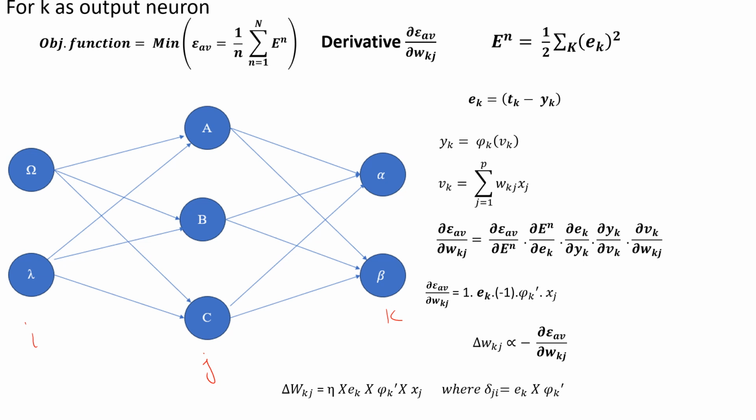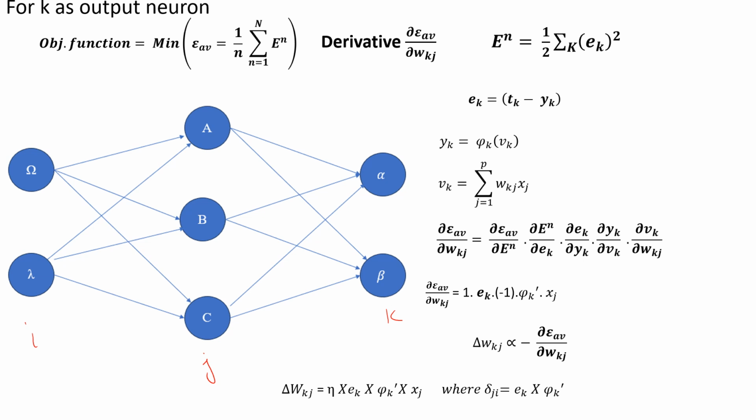This is my network error, E of n. So first I need to calculate the derivative of E with respect to ek, then the derivative of ek with respect to yk, with respect to vk, with respect to the weight. This is basically 1 into ek into minus 1 into phi dash of vk into xj, where xj is the input to the kth neuron.